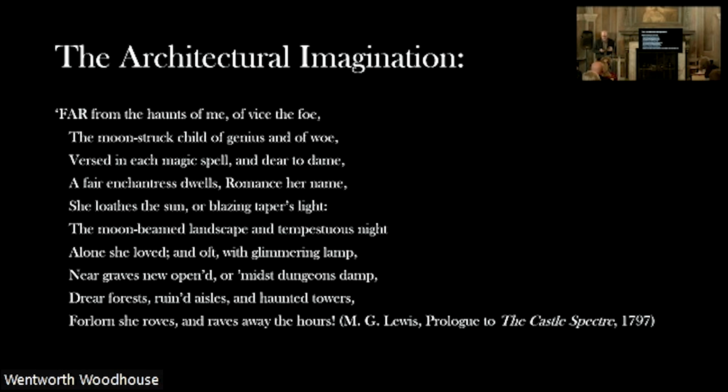Now, here's an example. We were talking about the monk earlier, weren't we? Matthew Gregory Lewis is the monk. Matthew Gregory Lewis writes one of the most notorious Gothic novels of the period called The Monk, a romance, 1796. It's not really about architecture.